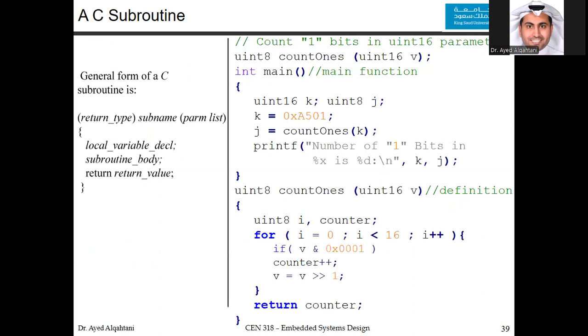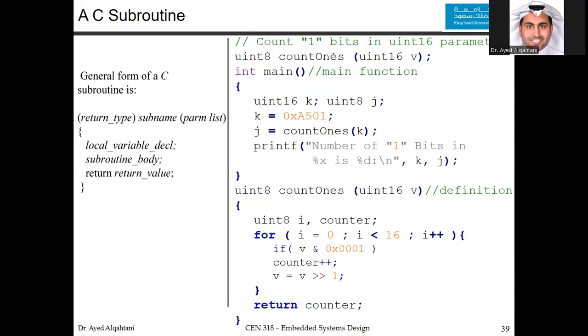So in general, if you have subroutines, let's say that for this subroutine, you want to count the one bits in an unsigned 16 parameter or an argument. You have this function. It's called count ones.